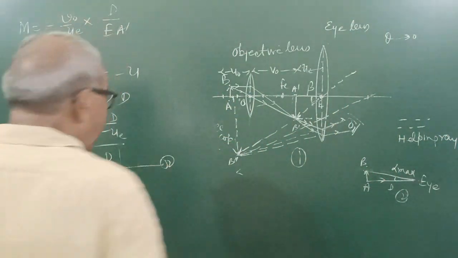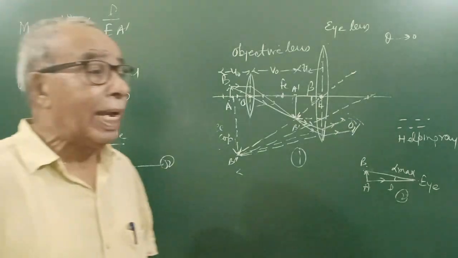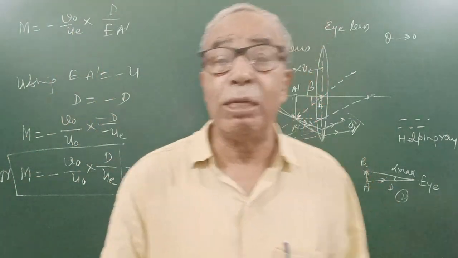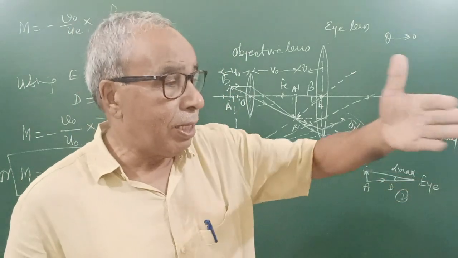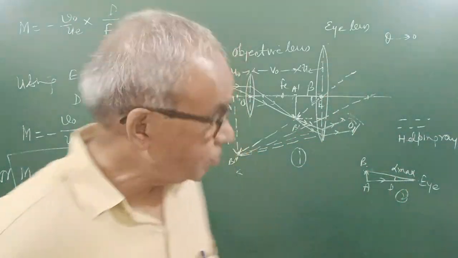Now, for maximum angle subtended by the object or image on the eye, an object will subtend maximum angle when it is at the least distance of distinct vision.